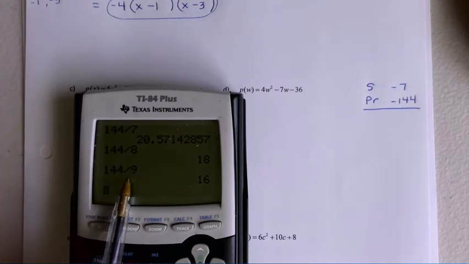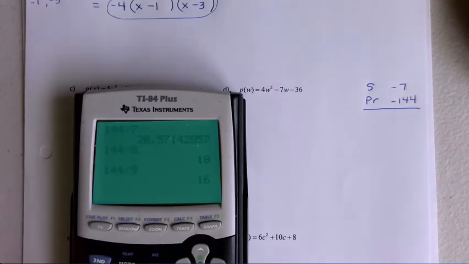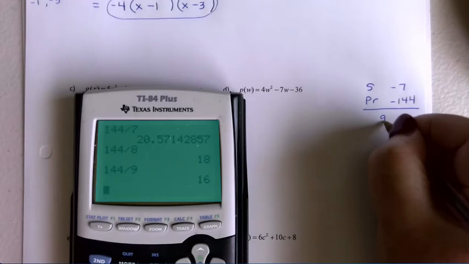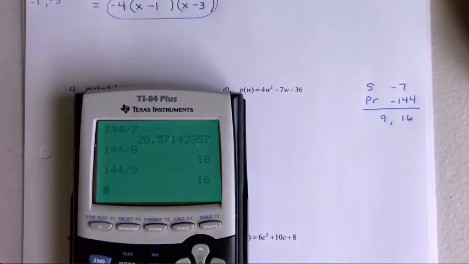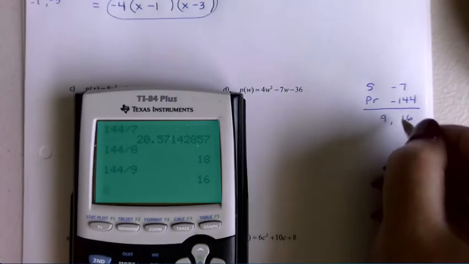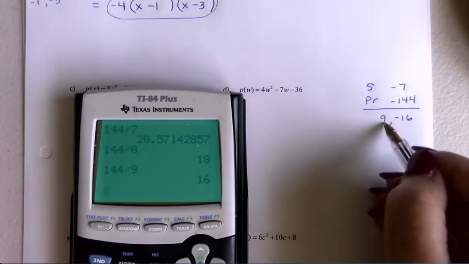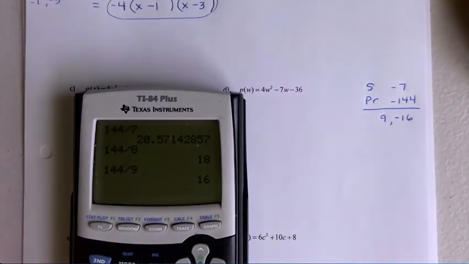There it is, 9 and 16. If I use my negative correctly, I should make that work. And in fact, the 16 would have to be the negative, so that when you add, you get negative 7. Positive times negative gives me the negative product as well.